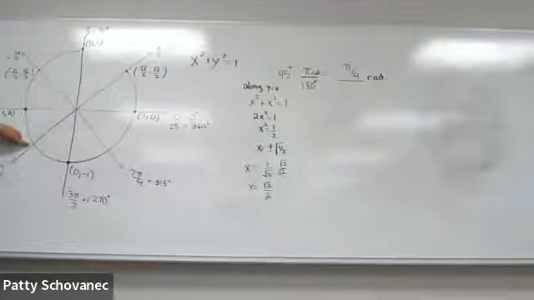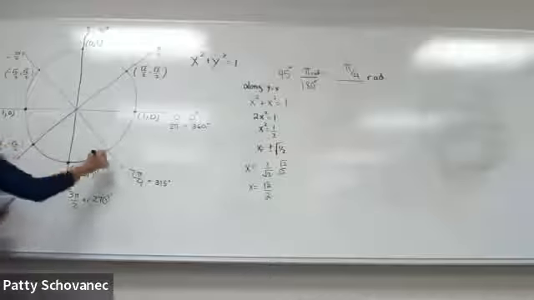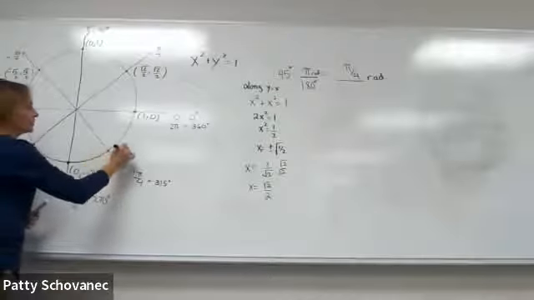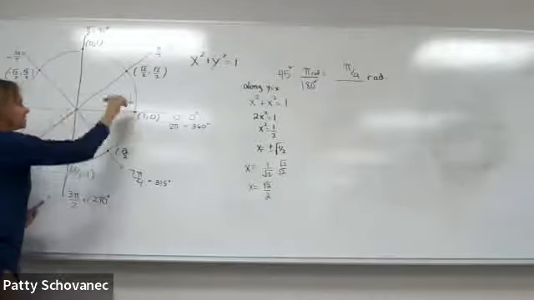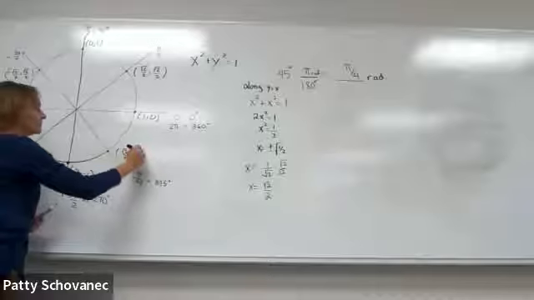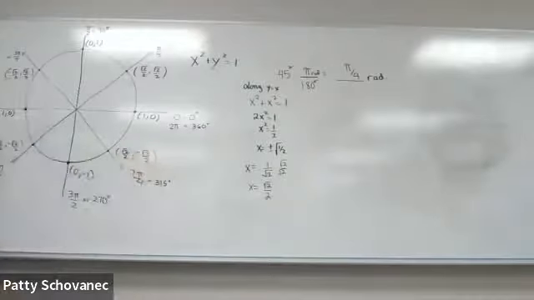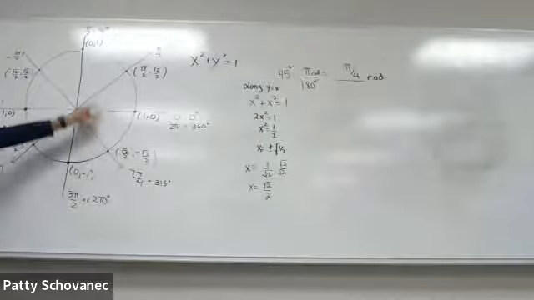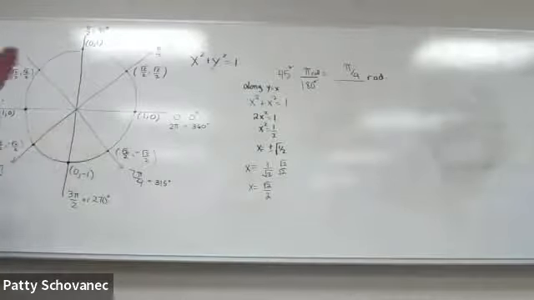So at 225 degrees, both components of the ordered pair are negative. And over here, both are positive. I'm sorry, x is positive, y is negative. Agree?